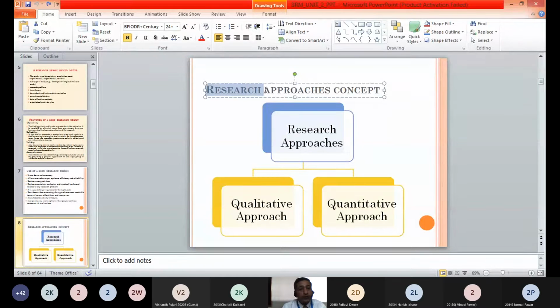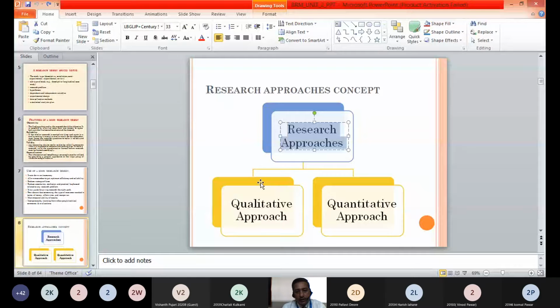So what different types of research are there? What are the different ways of conducting the research? Research approaches means ways. So in research approaches, or the different ways we can conduct research, there are two types: the qualitative approach, and another approach which is called the quantitative approach.